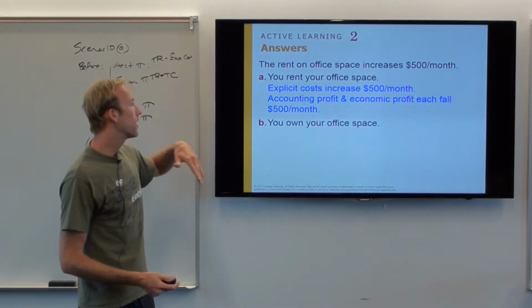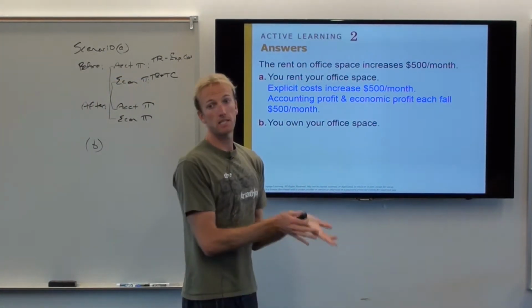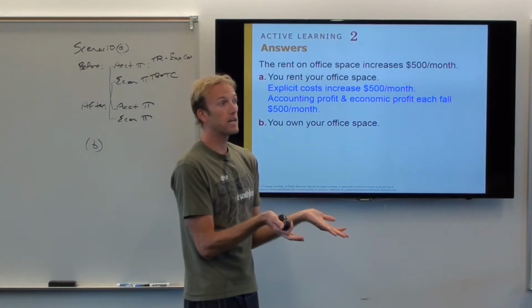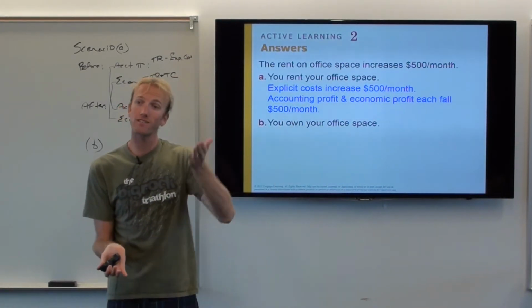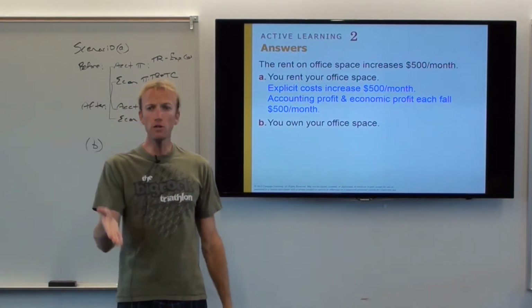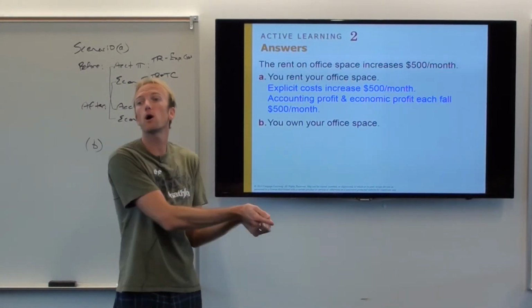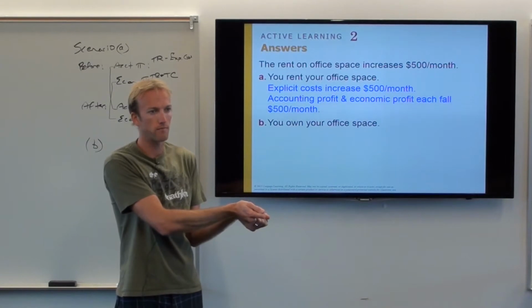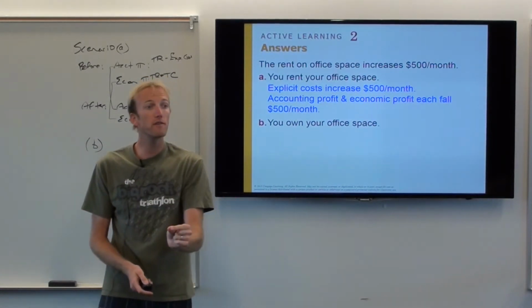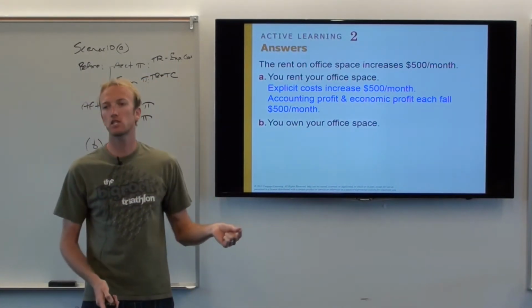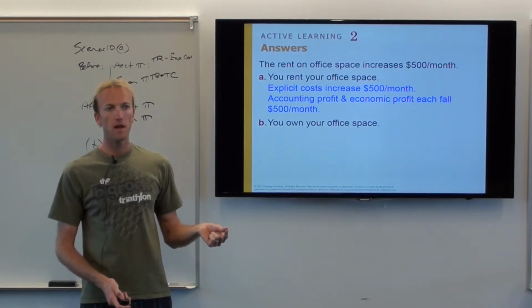Well, the accountant, does he care? No, because are your explicit costs going up? No. You own your own office space. The rents can do whatever they want, but you have zero explicit costs for rent, right? So accounting profit stays the same. It does not change, right?